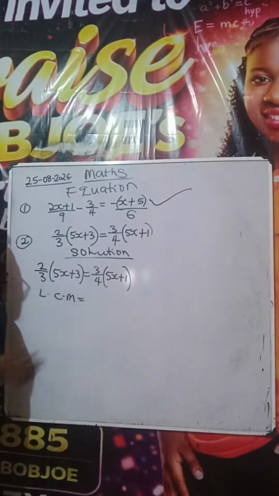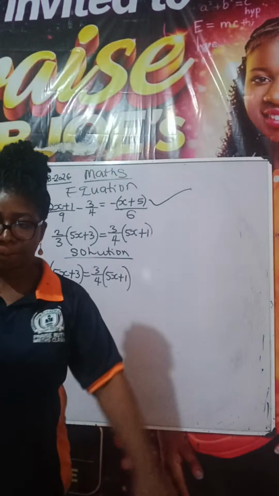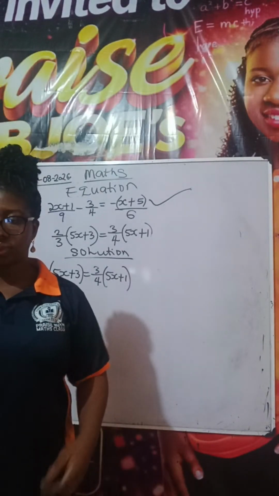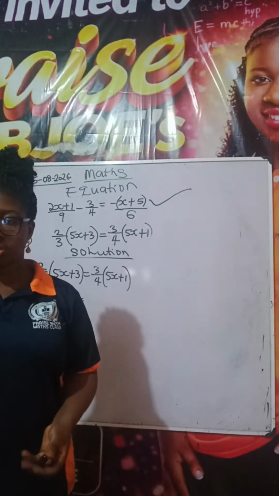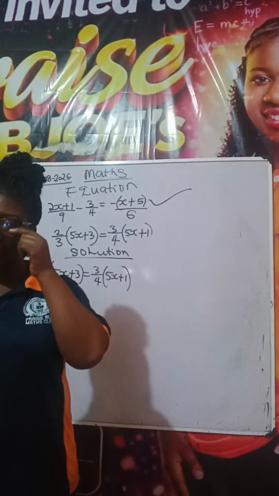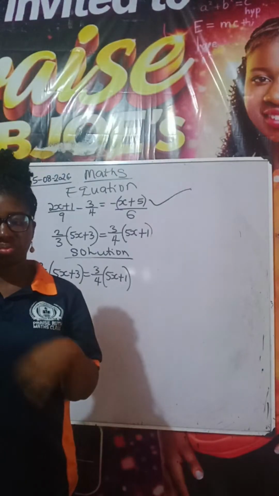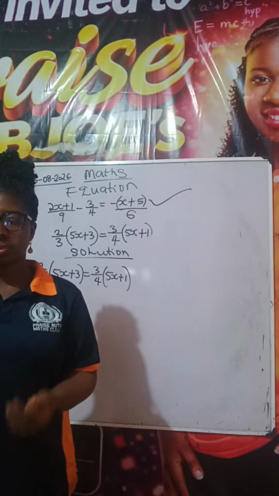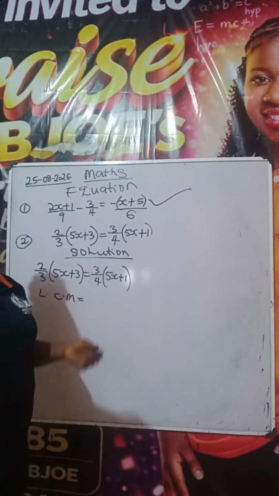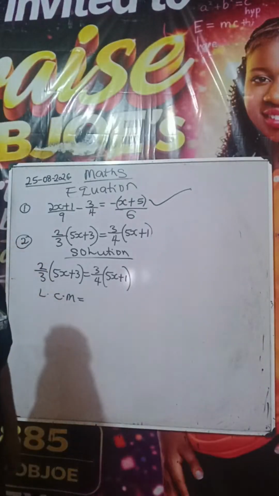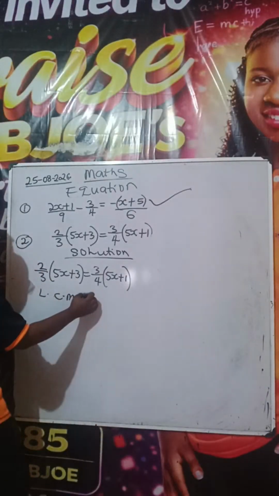Of 3 and 4. What is the LCM? Oh, I should cross multiply. It's now I'm seeing your message. Should we cross multiply or we'll find the LCM? So let's go with the LCM because I've already started it. So LCM is 12, correct.